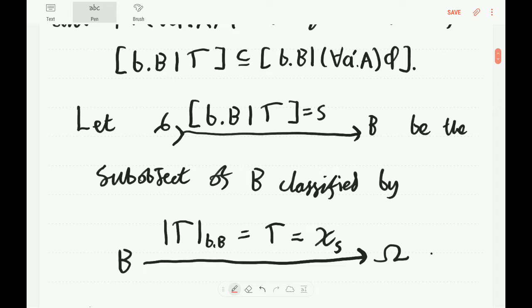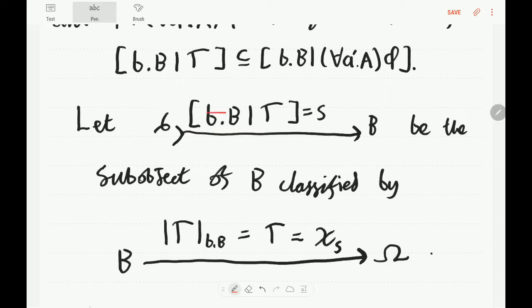We could also call this the sub-object classified by S, because S is the sub-object. Excuse me, I'm getting tongue twisted.